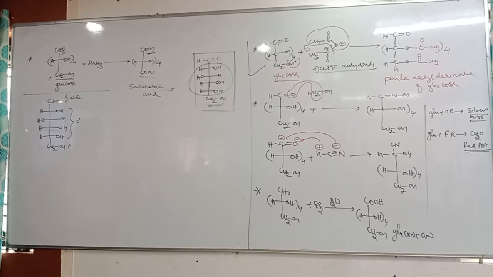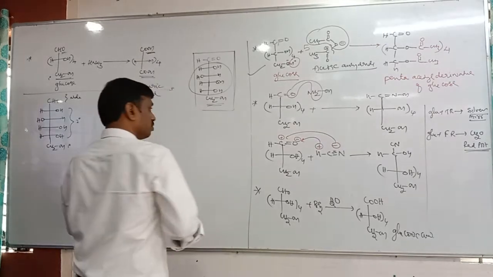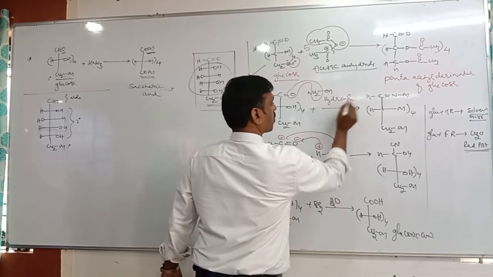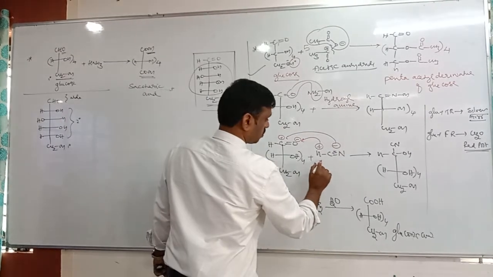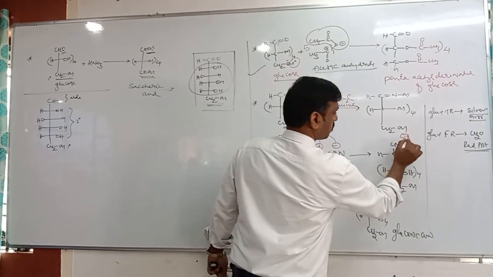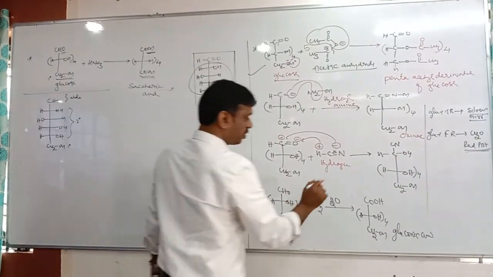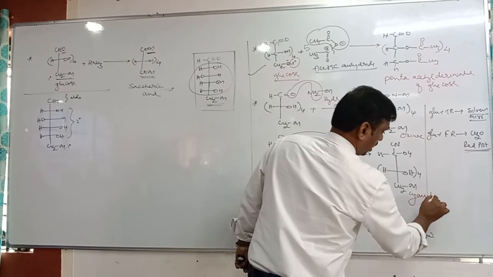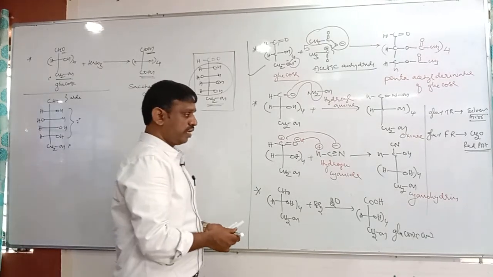Okay, next, glucose reacts with hydroxylamine to form oxime, and with hydrogen cyanide to form cyanohydrin.